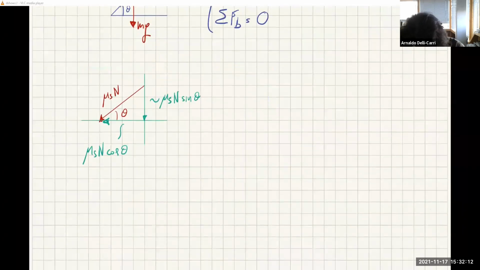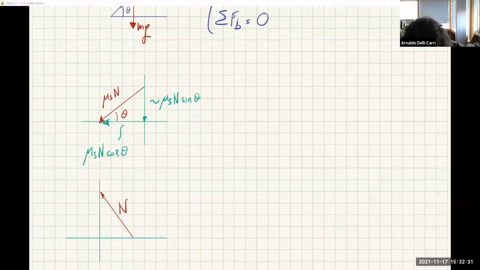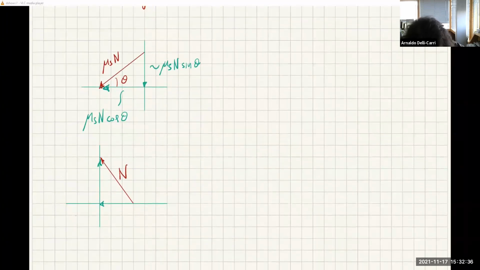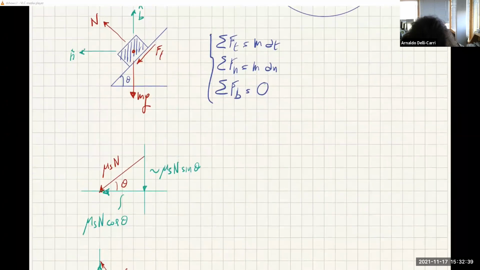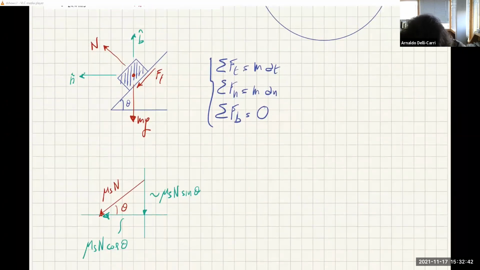Regarding n itself, it is in this direction here. And then this also has two components, one along n and one along b. One along b is this one, along n is this one. Let's check what's the angle first. Now n, this angle is made by n, the normal axis, and Ff.